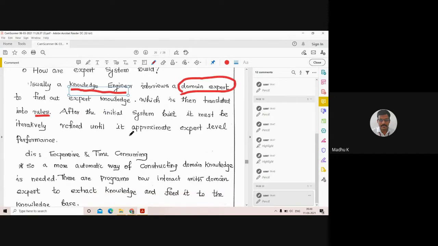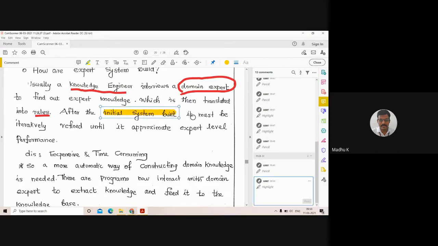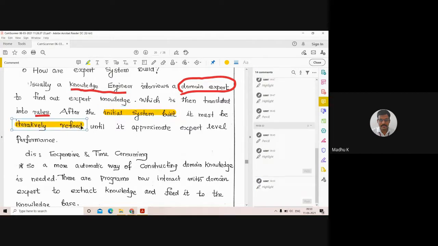Based on that, an initial system is built. Then it must be iteratively refined until approximate expert level performance is reached. This should be the approach.